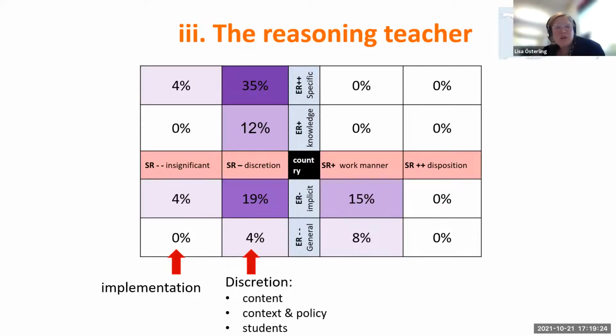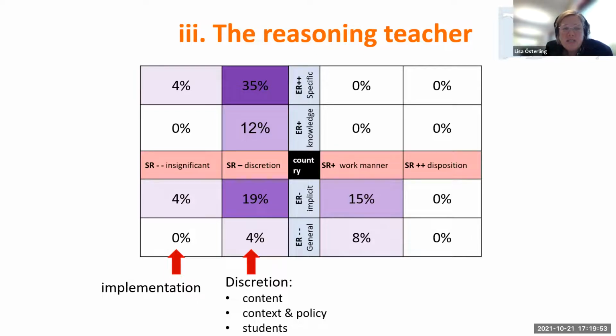Of course, there is a lot of discrimination, but you can see that the discrimination has moved compared to earlier, up to the knowledge dimension. So the discrimination is more often based on a knowledge base. You see the figures on ER plus and ER plus plus were much lower beforehand. Of course, the reasoning teacher is expected to make discriminations about content, but also about context and policy and students.